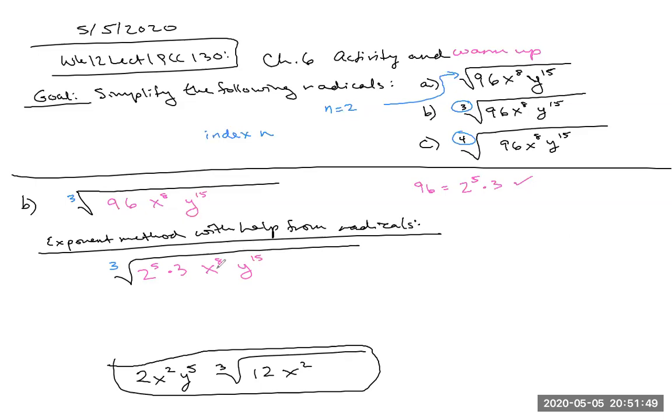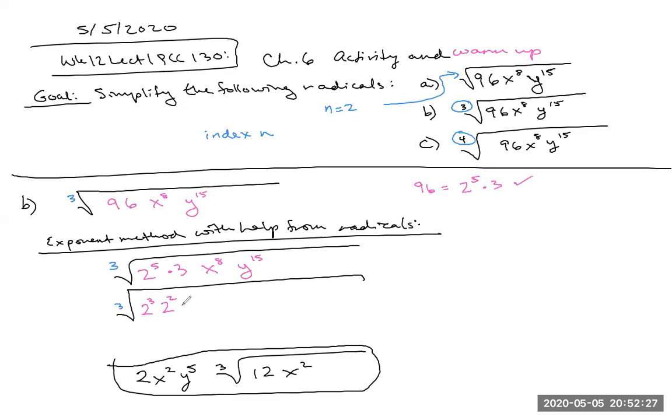Now, essentially what you're trying to do is break up into groups that are divisible by 3. So before I do the next step, let me write this in. I personally know this will turn into 2 to the 3rd times 2 squared, because that's still 2 to the 5th, but I've broken off one of the groups so that the exponent is divisible by the index out here.